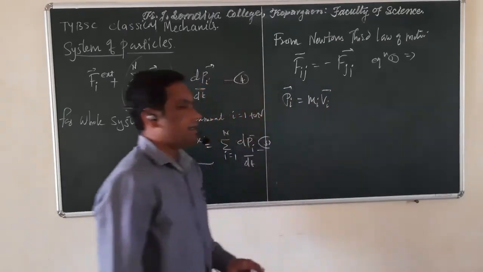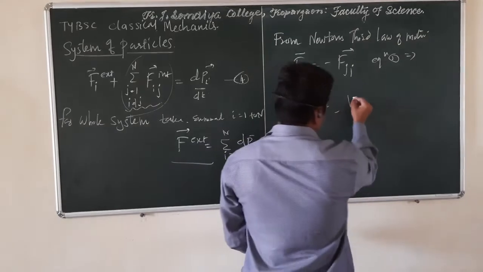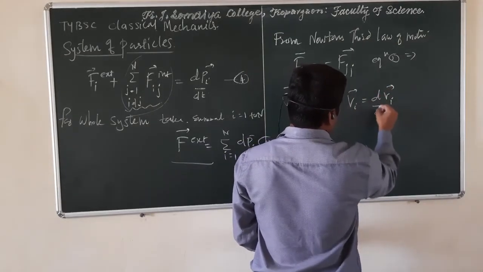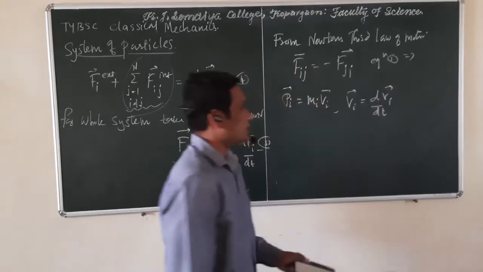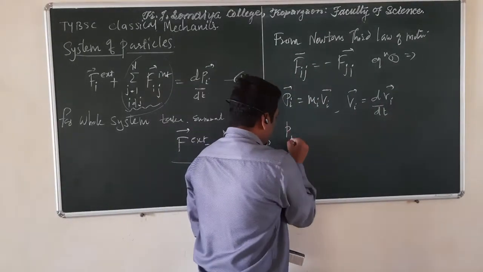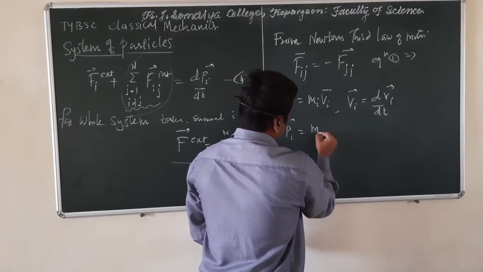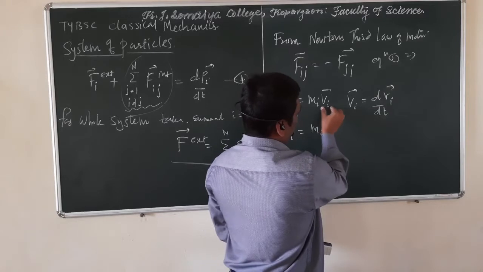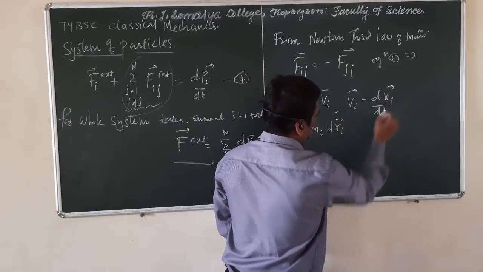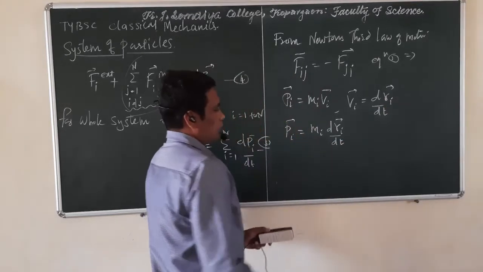So Pi is mi into Vi, and Vi is nothing but the rate of change of displacement vector, which is dri by dt. So Pi can be written as mi into dri by dt.